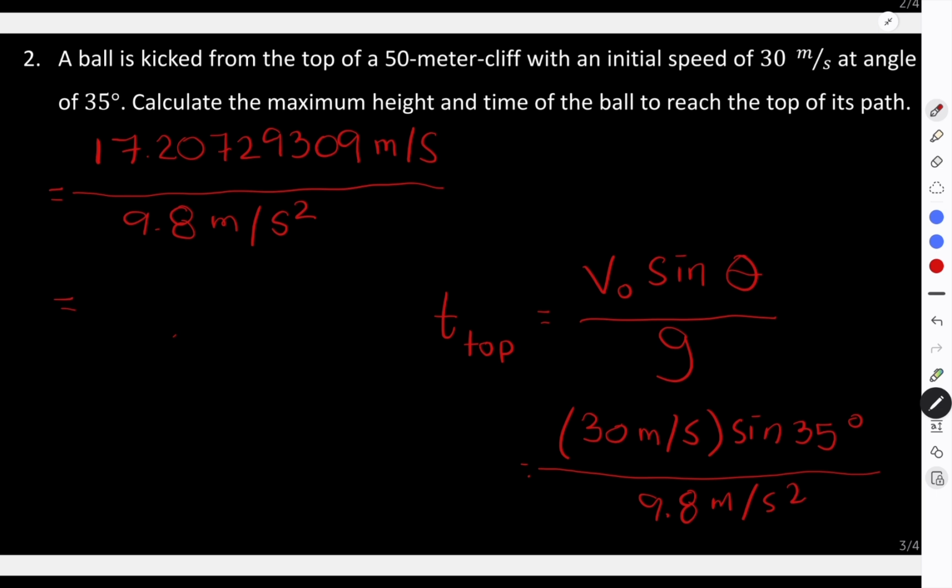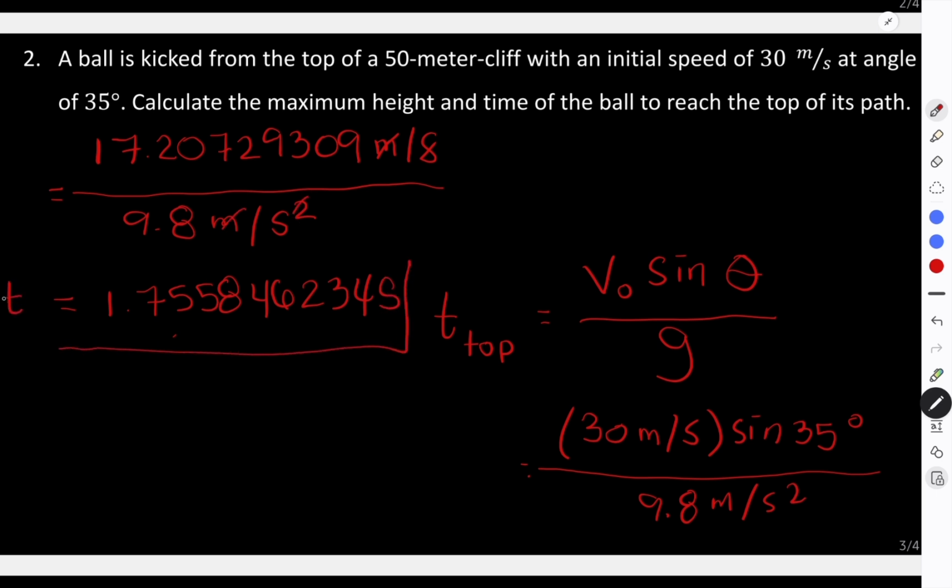We come up with the quotient as 1.755846. Okay, so we just simply cancel it out. That is the second.